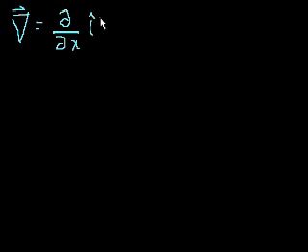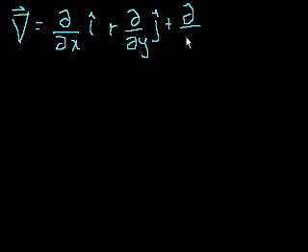We've been dealing with this del vector. We could call this abusive notation, but it kind of is intuitive, although it really doesn't have any meaning when I just write it like this. You can kind of write it as a vector operator, and then it has a little bit more meaning. But this del operator, we use it a bunch of times. It's the partial derivative of something in the i direction, plus the partial derivative with respect to y in the j direction, plus, well, this is if we do it in 3 dimensions, the partial derivative with respect to z in the k direction.